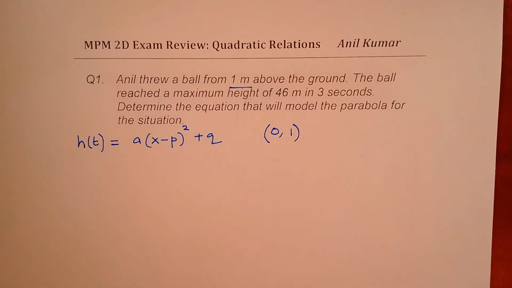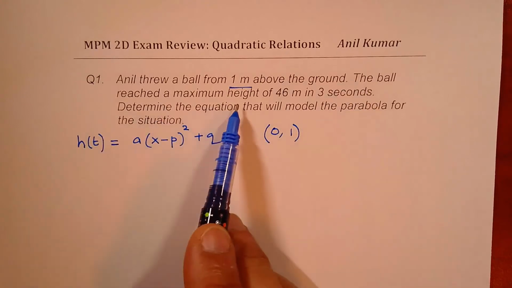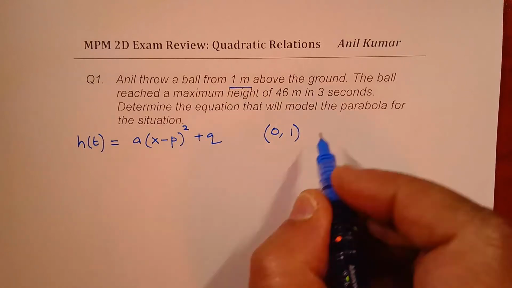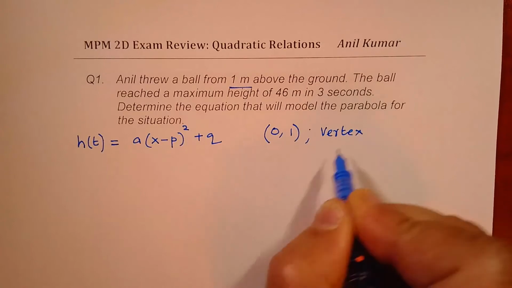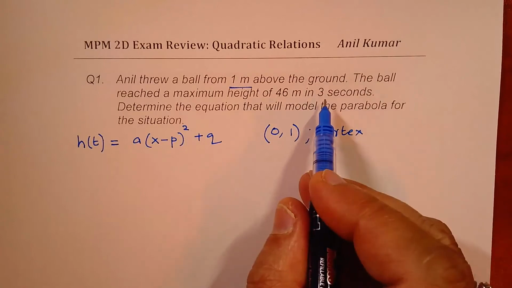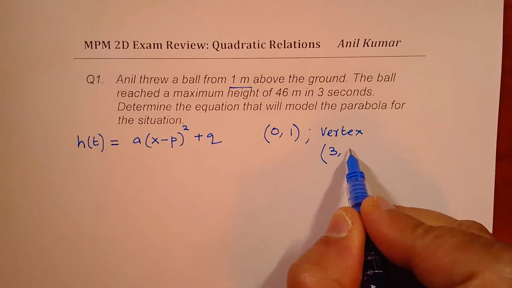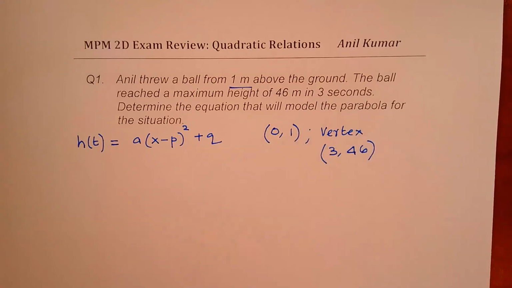Now the second point here is the ball reached a maximum height of 46 in 3 seconds. That means we are also given the vertex. So that has been reached at 3 seconds. That means time is 3 and the height is 46 meters. Do you get an idea? Now this should help you to get the equation. So let's substitute these values.